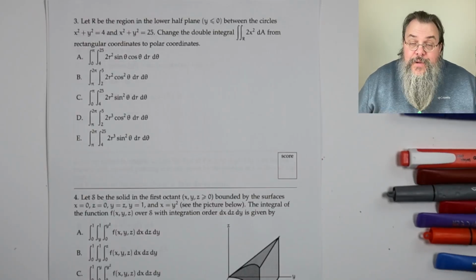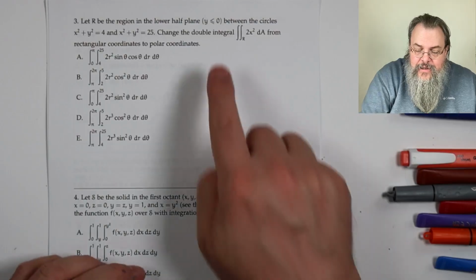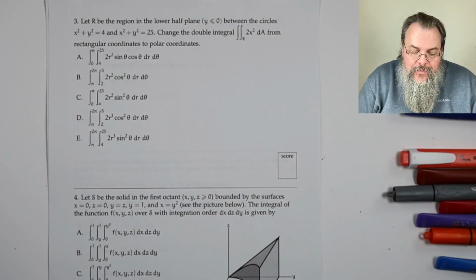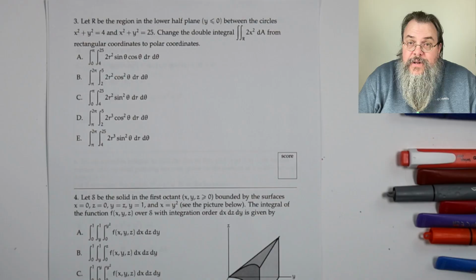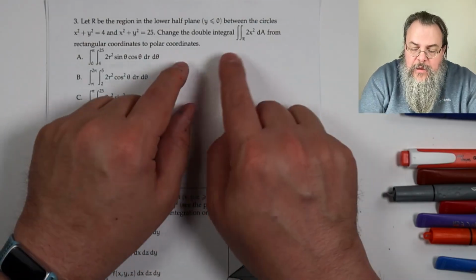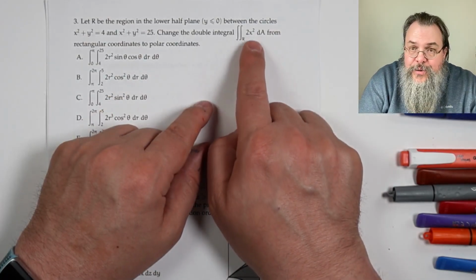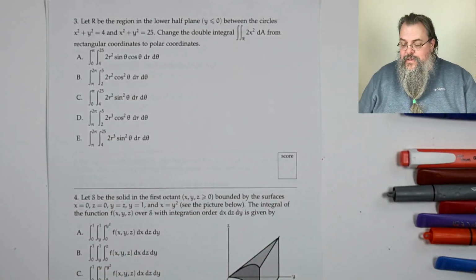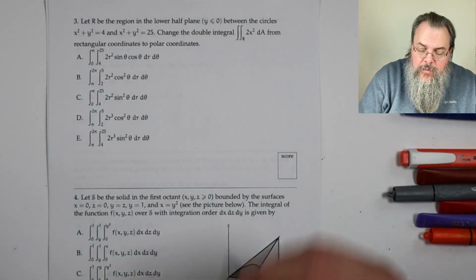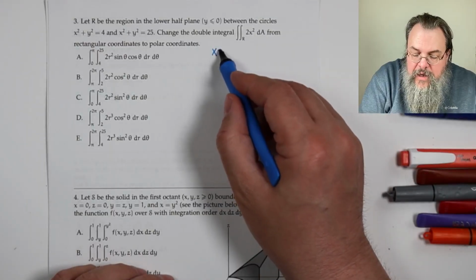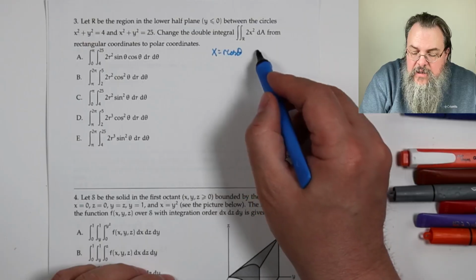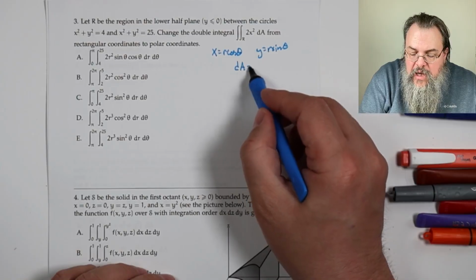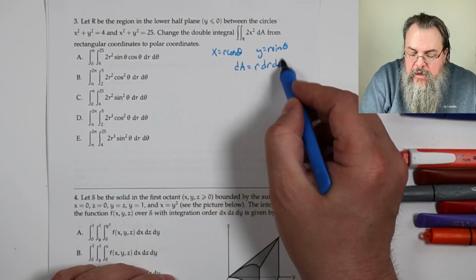Let R be the region in the lower half plane, y less than or equal to 0, between the circles x squared plus y squared equals 4 and x squared plus y squared equals 25. Change the double integral over R of 2x squared dA, from rectangular coordinates to polar coordinates. Okay, well, we have a couple of facts we should know. x is r cosine theta, y is r sine theta, and the other thing we should note is dA is r dr d theta.